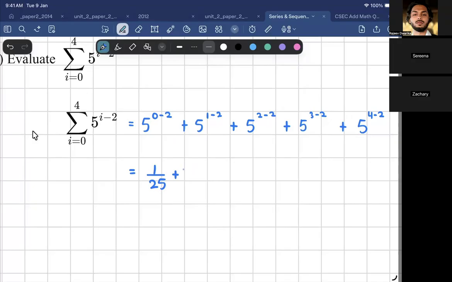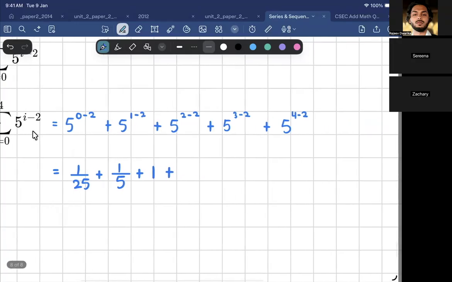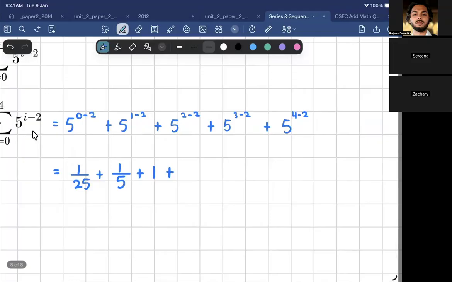Which is 1 over 5. Then 5 to the power 2 minus 2 is 5 to the power 0. So 5 to the power 0 is 1, right. Then 5 to the power of 1, which is 5.